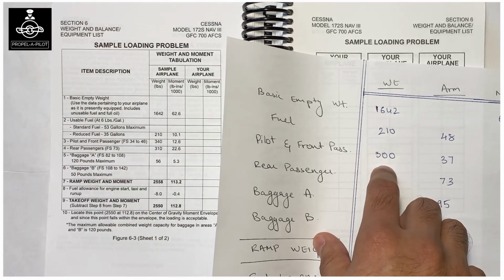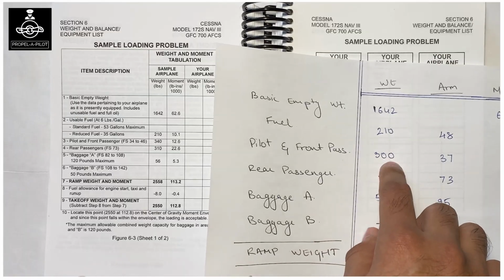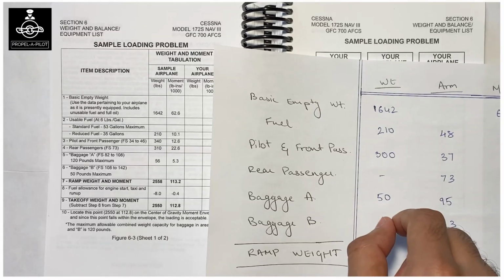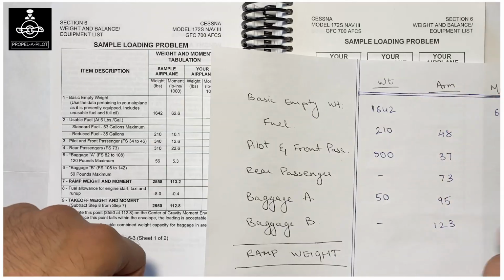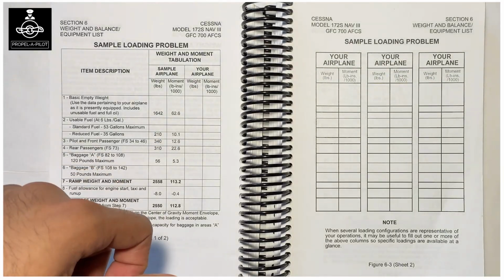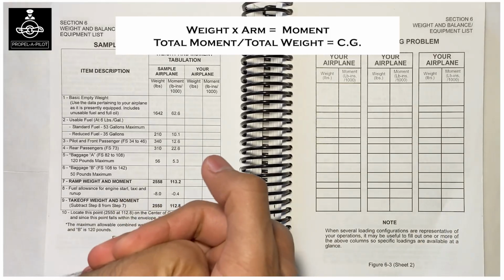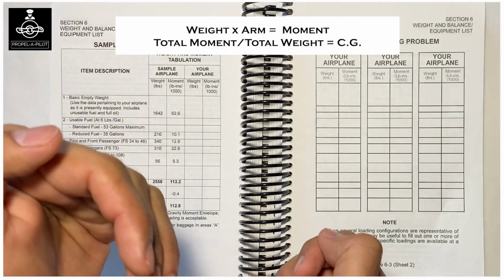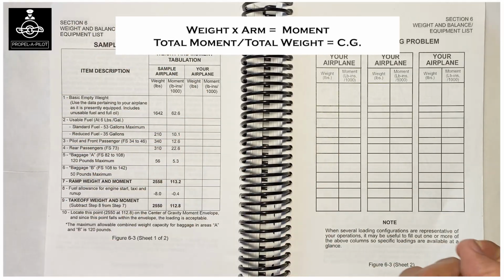Then I'm considering a pilot and a front passenger weighing a total of 300 and a 50-pound baggage. That information is inserted in the weight column. Then you have the arms column. We have already seen weight times arm is moment, and then we calculate the total moment and the total weight, and then divide the total moment by the total weight to get the CG at the end.